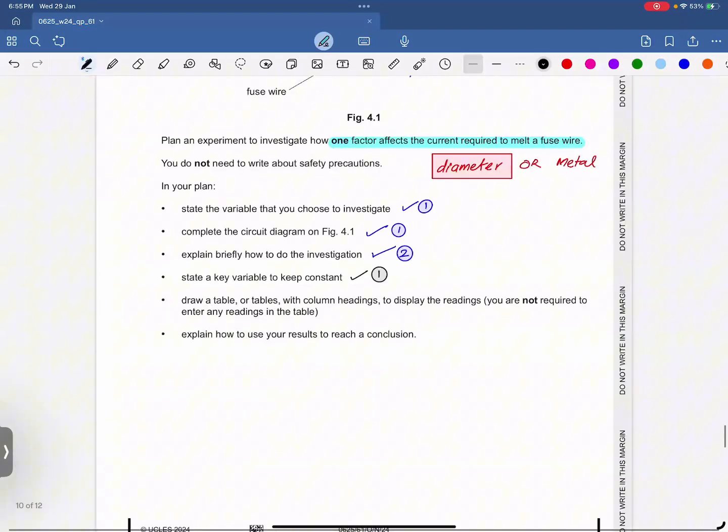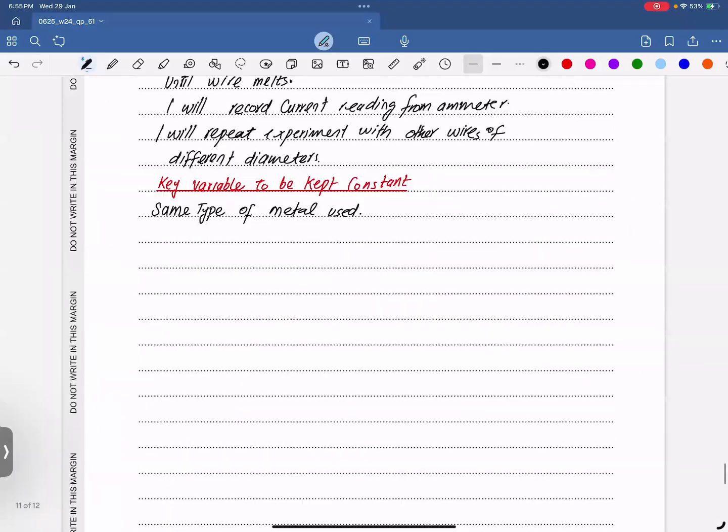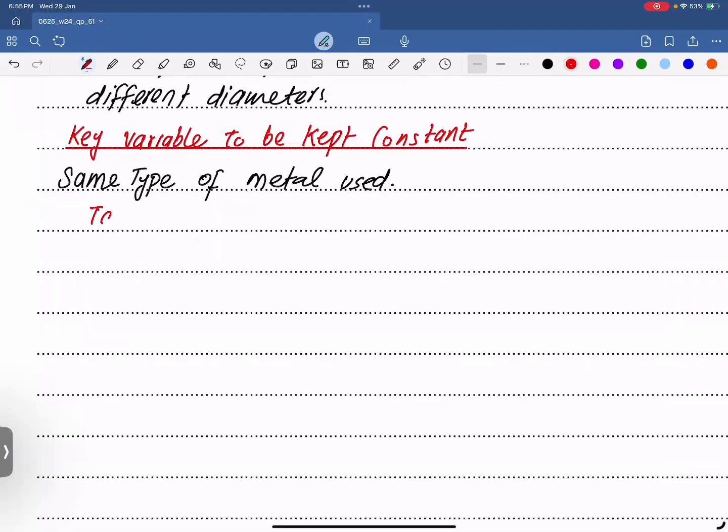After that, you got 1, 2, 3, 4, 5, 6 marks. Draw the table or tables. It will award you 1 mark. So in table, what do you do? You give a tab like that. So you write the headings. Independent variable first. Diameter, slash, it could be millimeters.